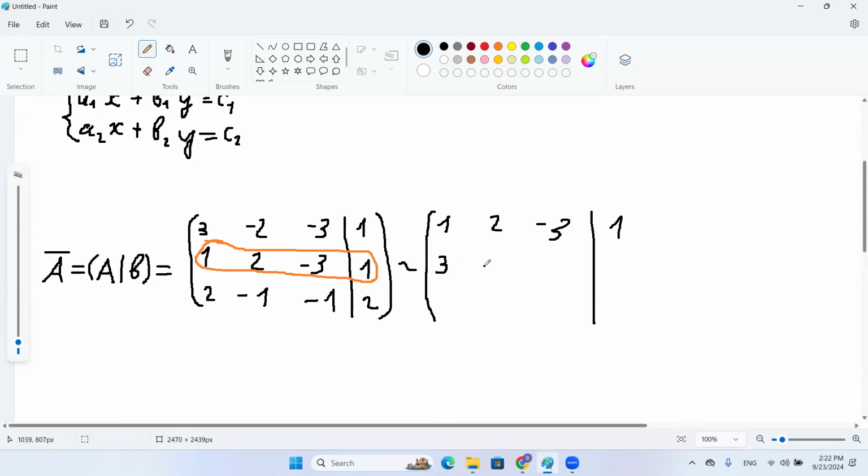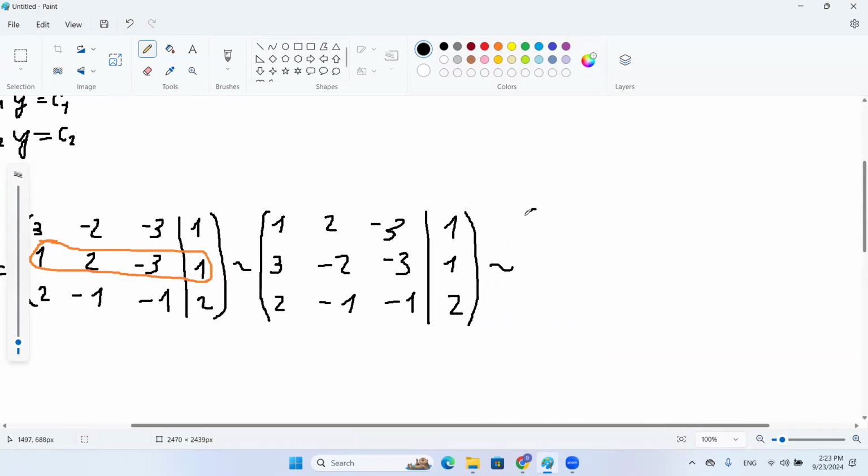Okay, without skipping, let's write the whole matrix. First we change the rows. In this way, we just write it.